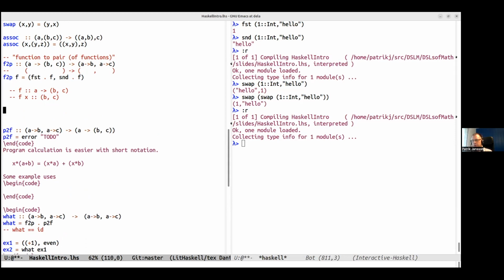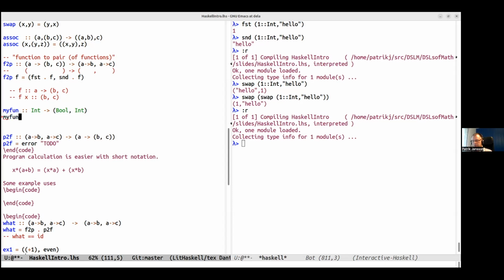If I want to use f2p, I have to have a function that takes a value and returns a pair. So let's call it myFun. It takes, say, an int and returns both a bool and an int.